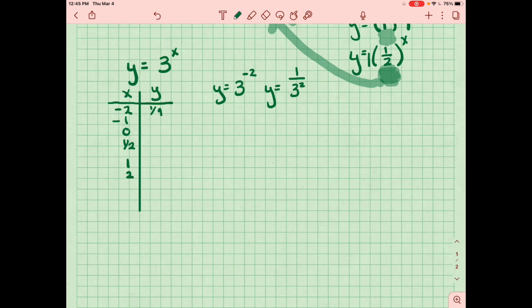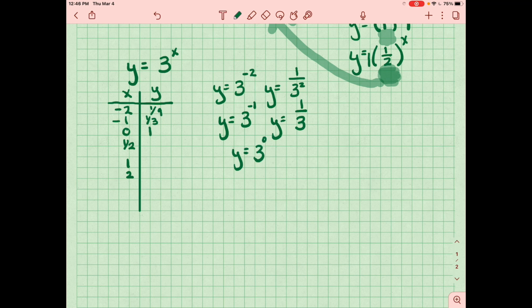And then let's look at y equals 3 to the negative, whoops, I don't know why I said negative 3. That was strange. Y equals 3 to the negative 1 is just y equals 1 over 3 to the 1. So that's just 1/3. Y equals 3 to the 0. 3 to the 0 is just 1.